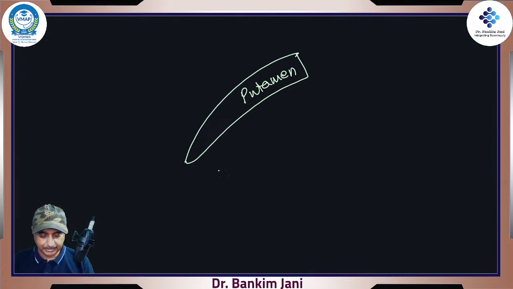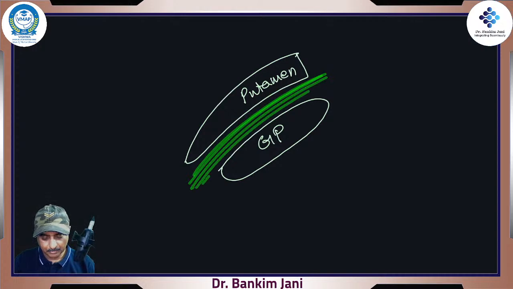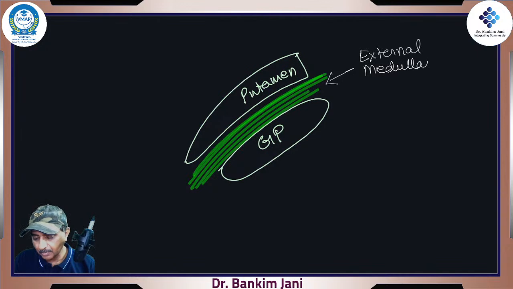As we go medially, this one is globus pallidus. So we'll just write globus pallidus. We just talked about this in-between part: it is the external medullary lamina.